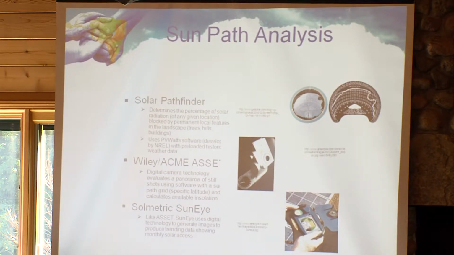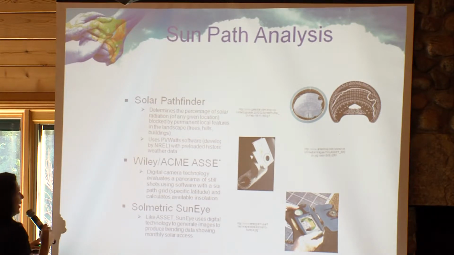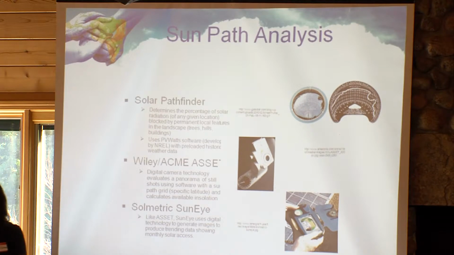When that site assessor comes to your facility, they're going to bring with them what's called the Solar Pathfinder. They might also bring the Wiley Acme ASSE, which is not a Roadrunner product. Or they're going to bring the Solmetric. Essentially these are tools that measure sunlight and look at potential for shading around your site.